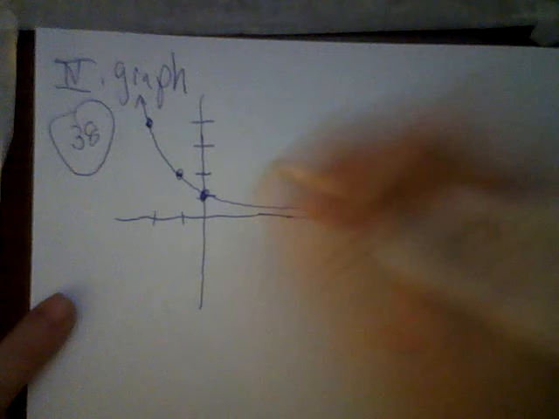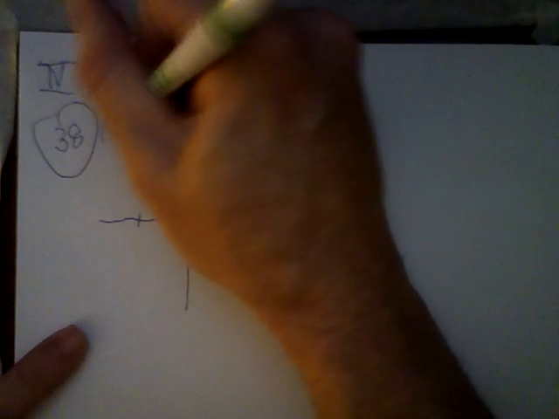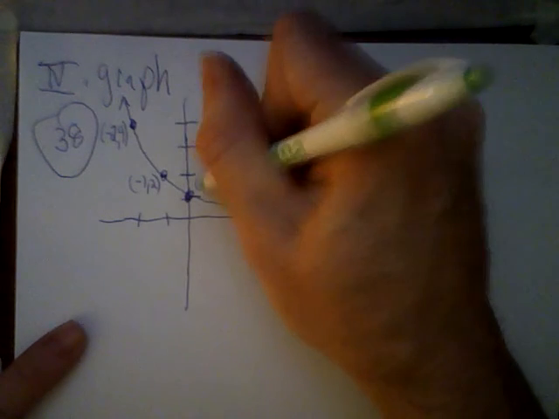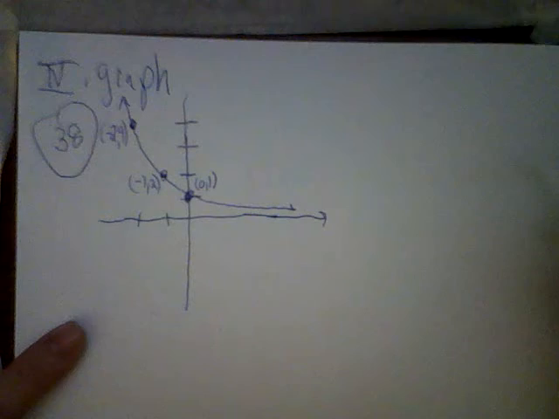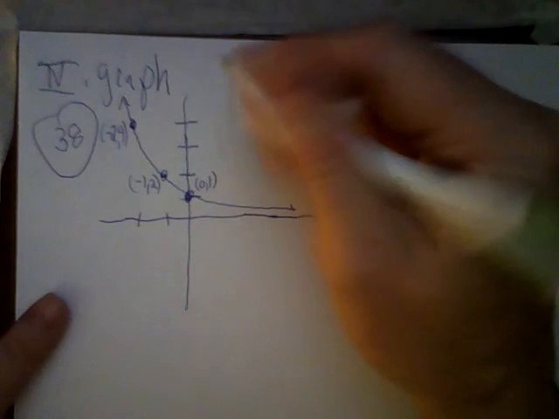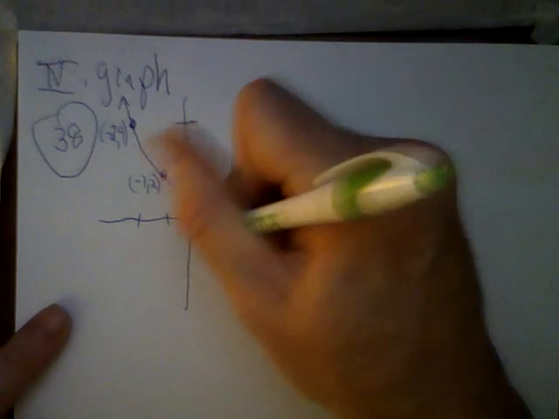Okay, so to get the inverse function as promised, if this is -2, 4, this is -1, 2. This one is 0, 1. All you have to do is interchange the coordinates. So instead of -2, 4, I'm going to go 4, -2. So 1, 2, 3, 4, 1, 2.